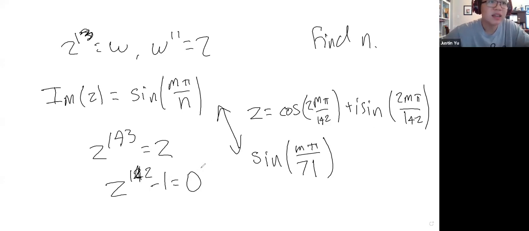N is 71. We actually don't know anything about m. M could be 1, m could be 2, m could be 50. Each of those are actually equally valid. So we say that it's going to have to be 71. But since this is an AMC, we cannot forget our first digits. So that's actually the answer.